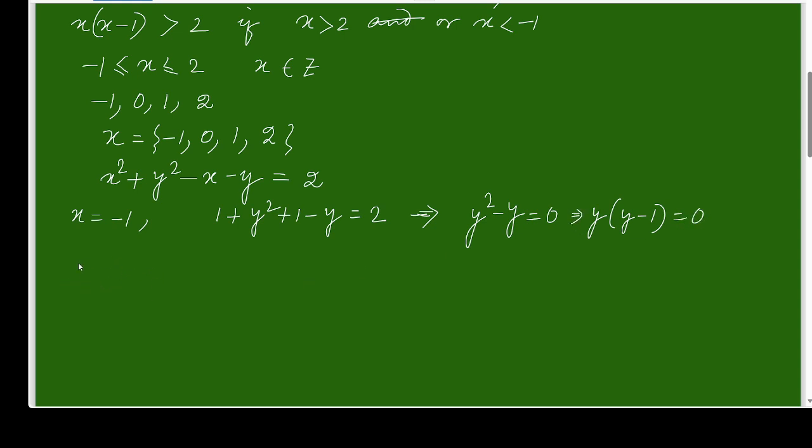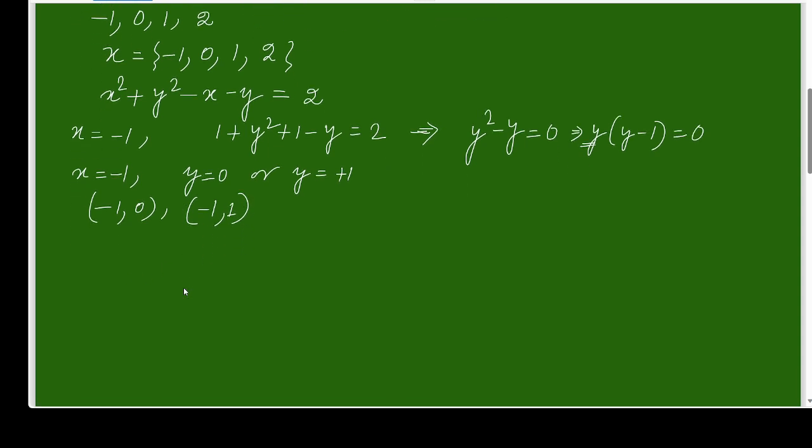So y is equal to either 0 or 1. Sorry, it is 1. So there are two possibilities for x equal to minus 1.